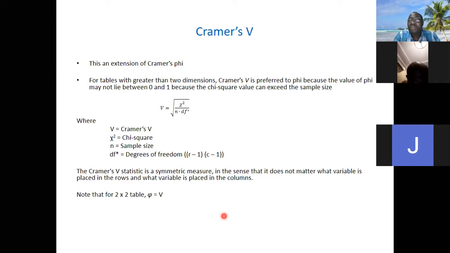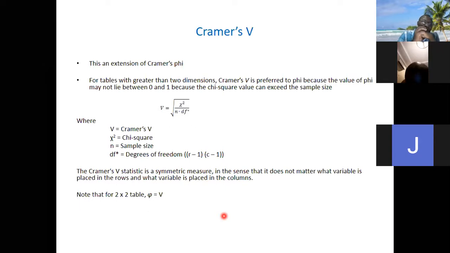The way you arrange the row or column affects your interpretation of the table's percentages, but it doesn't affect the chi-square you are calculating and the Cramer's V you are calculating from it.